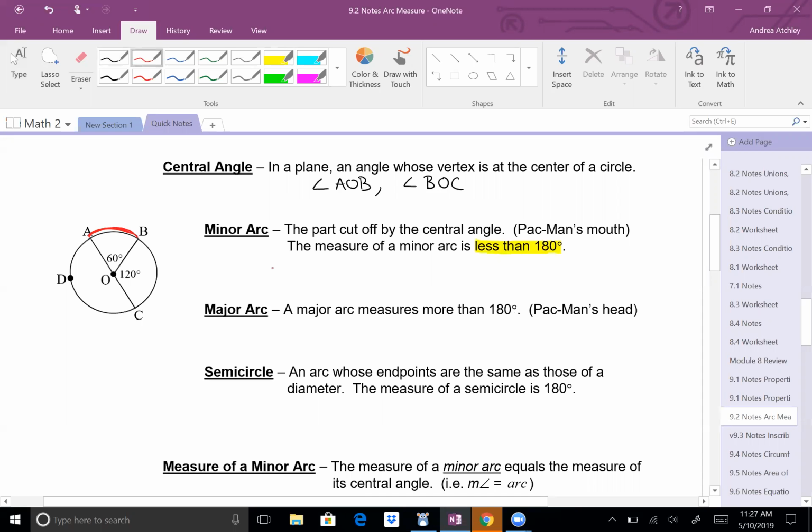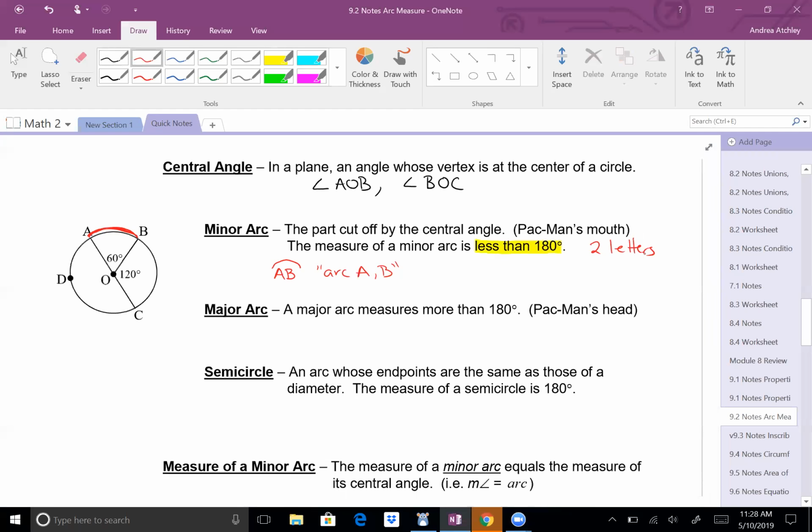You write it with two letters, and you say arc AB. A minor arc has two letters. You use two letters when you're naming it, similar to a line or a segment.